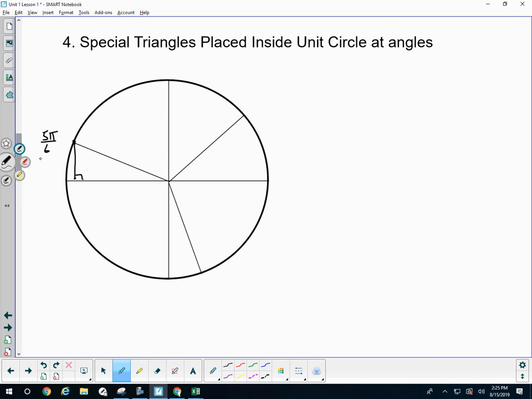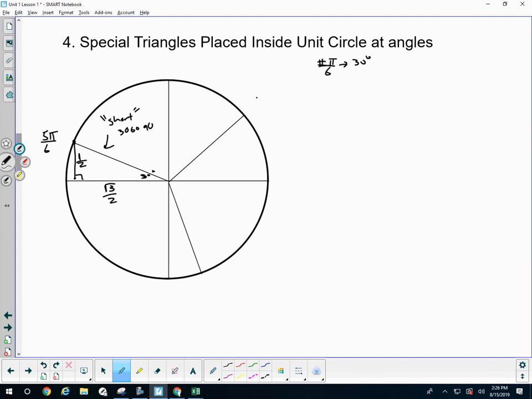Because I remember a pi over 6 gives me a 30-degree angle. So this is 30 degrees. Since I know this is 30 degrees, I know I've created what I consider my short 30, 60, 90 triangle, which means the short side, the 1/2, is the vertical side. The long side, root 3 over 2, is the horizontal side. Don't worry, I'm going to come back and change that. But for right now, I'm going to leave it like that.